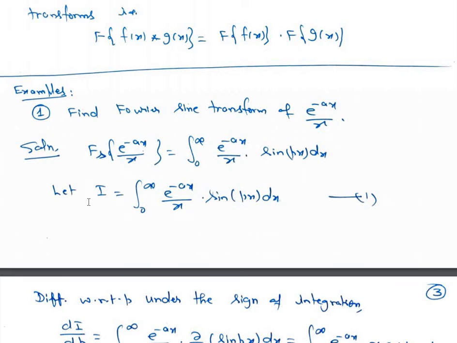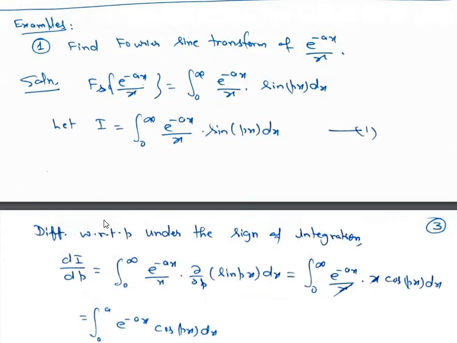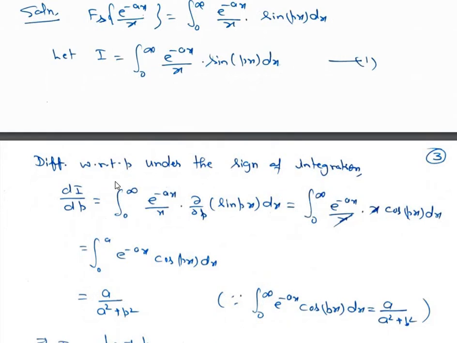Now our aim is to calculate I. So we differentiate with respect to p under the sign of integration. So we have dI upon dp is equal to the integral from 0 to infinity of e to the power minus ax upon x into del over del p of sin px dx. Now the partial derivative of sin px with respect to p is x into cos px, so x will get cancelled.